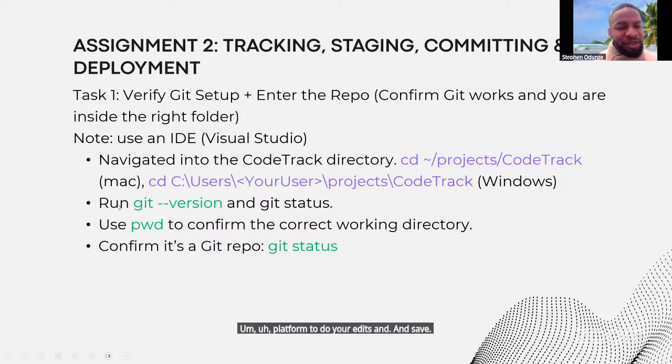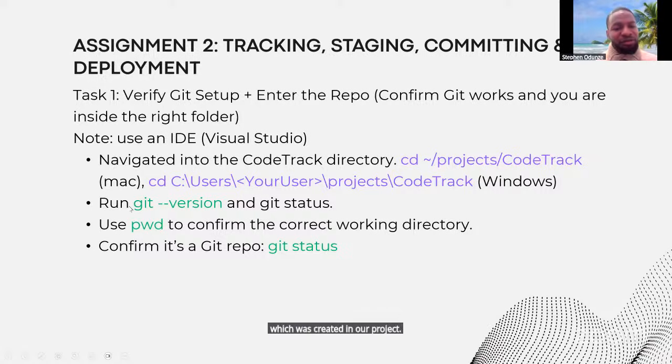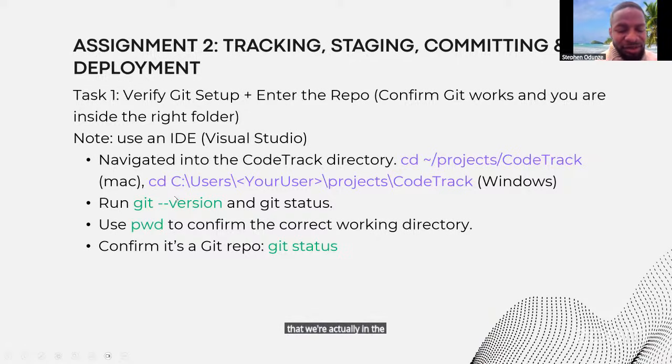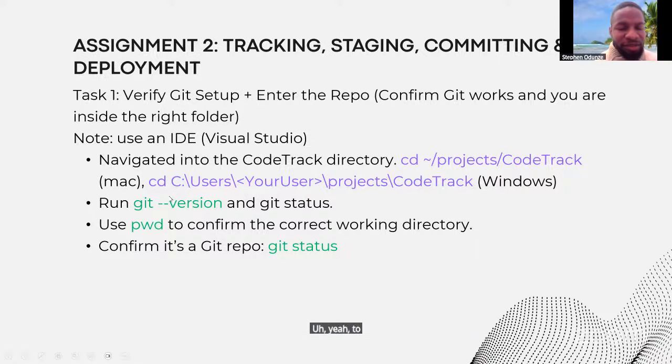So in doing this, once we use our Visual Studio, we'll make sure we're in the right directory. That's why I made sure we said navigate into the code track directory, which was created in our project. Then we're going to run the git version command to confirm that we are actually in the folder that we initially converted to the Git repo.